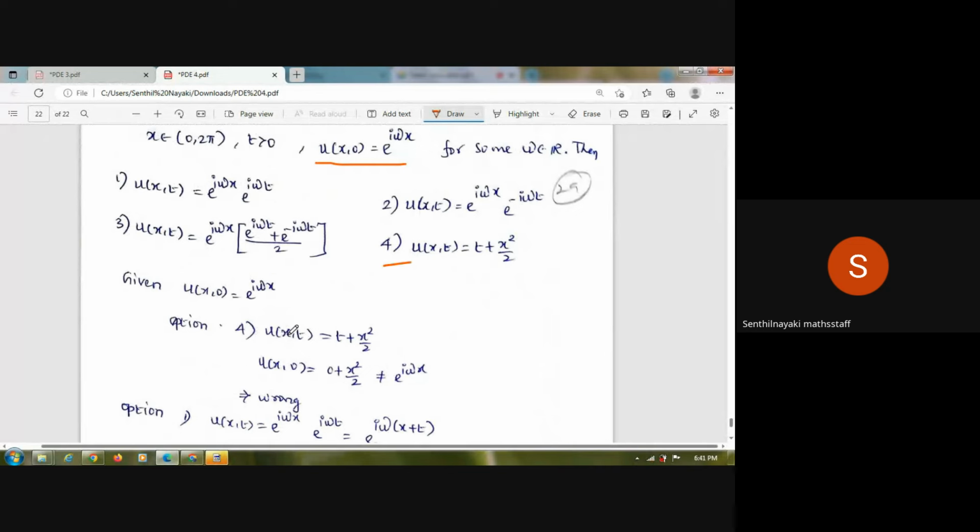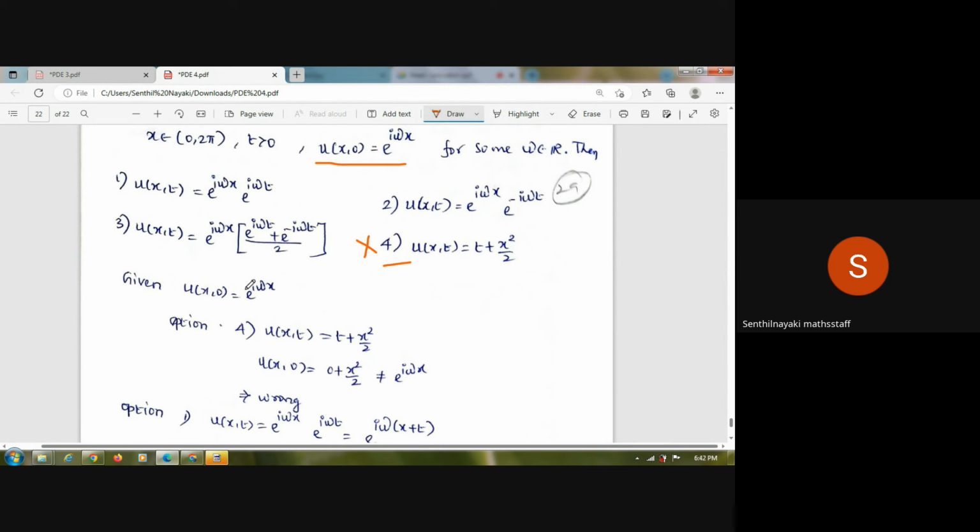If u of x comma t equals t plus x square by 2, substitute t equal to 0, what will happen? X square by 2. So u of x comma 0, by this option, is x square by 2, but the original value is e power isx. Therefore, we can say that the fourth option is wrong. Okay, next we will discuss the first option.